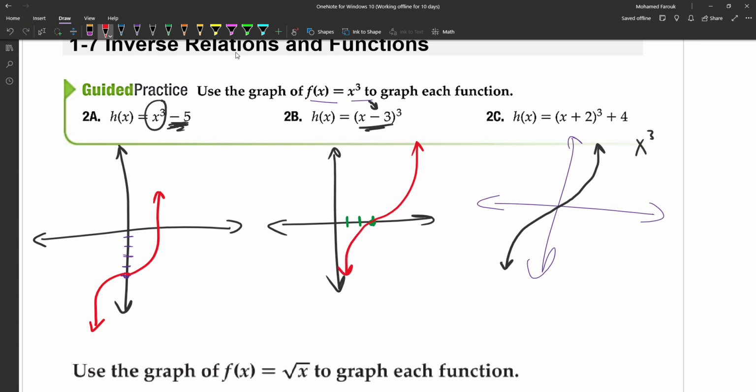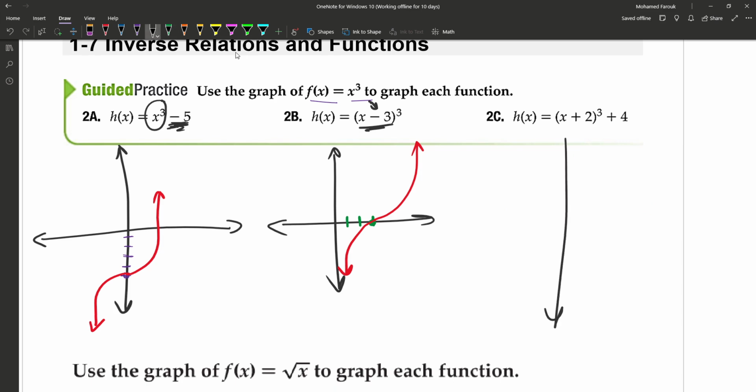Okay, what's next? Your function right now is translated in both directions, on the x-axis and y-axis, vertically and horizontally. At first we will draw the coordinate plane. Second step, let's determine where the new center is. It's shifted to the left 2 units and up 4 units.